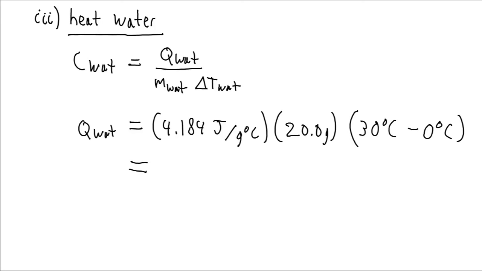All right, so multiply this all out. Grams should cancel and Celsius should cancel. We get 2,510.4 joules.